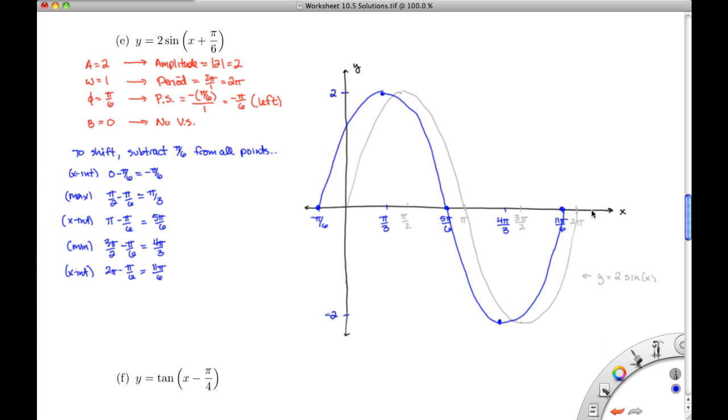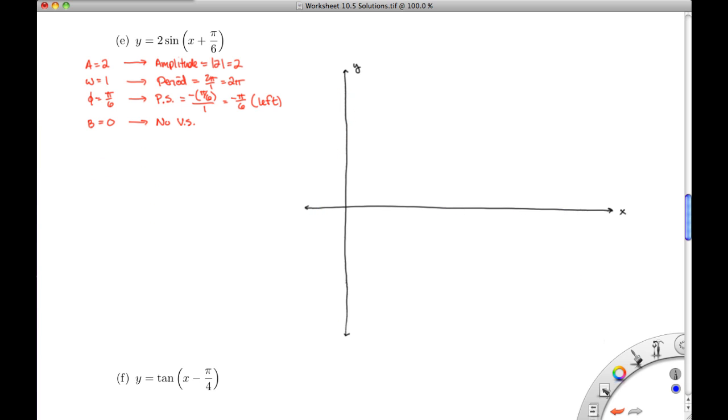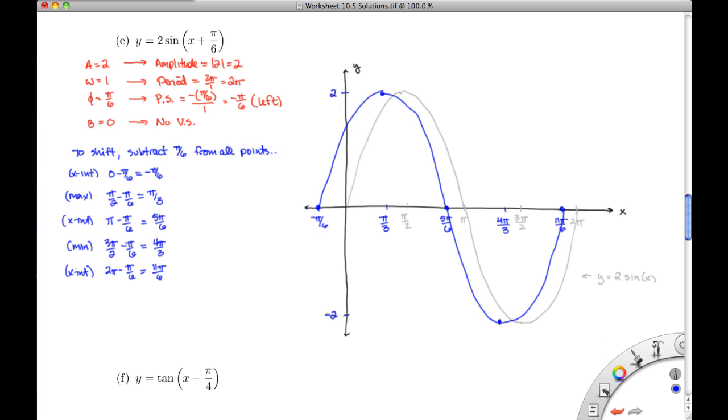Okay, so you can see that these are almost the exact same wave, except they're slightly out of phase, thus the phase shift. Anyway, that's what we'd end up with, our blue curve.